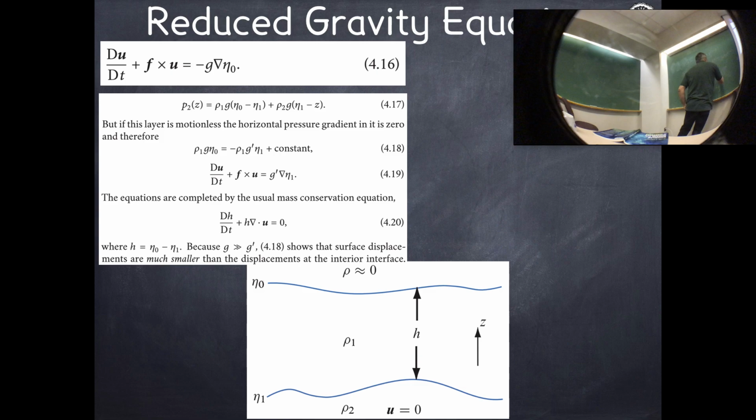Yeah? So we're no longer assuming that the density is constant. The density is constant within the upper layer, but it's different in the next layer. So the density is constant in this whole layer, and in this whole layer, but they're not the same densities. So this is like a warm layer sitting on top of a colder layer, but the density is still constant within the warm layer.